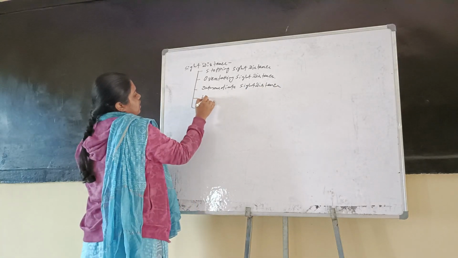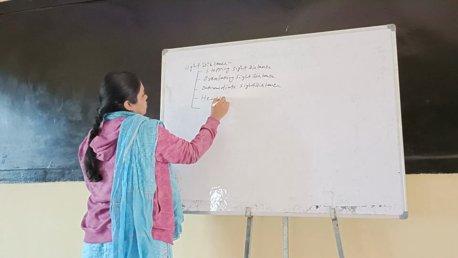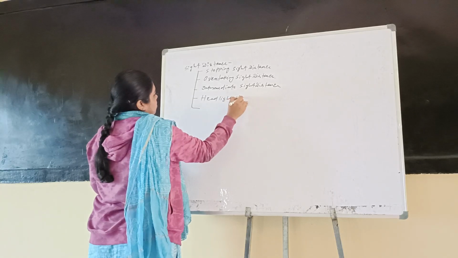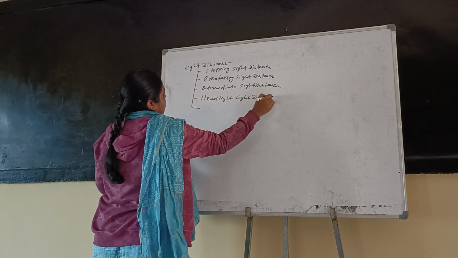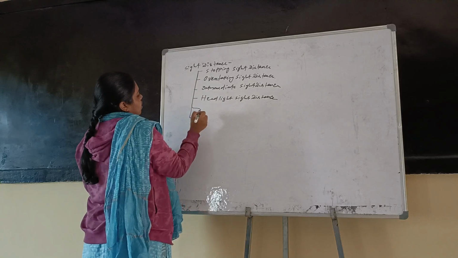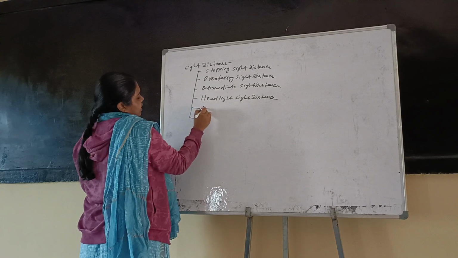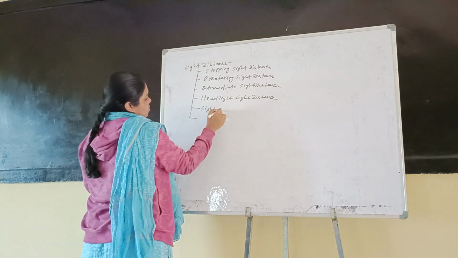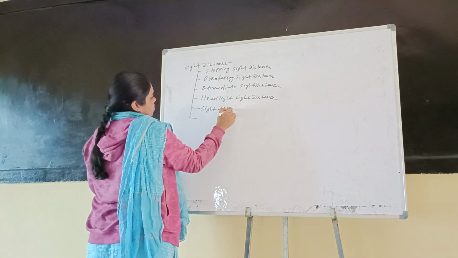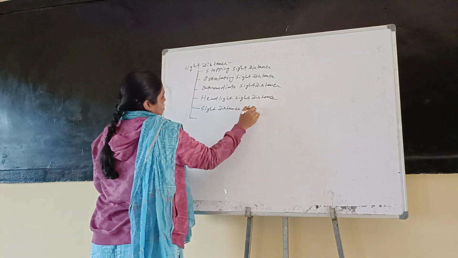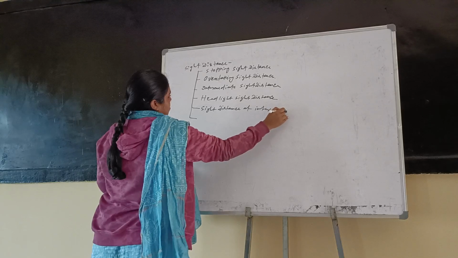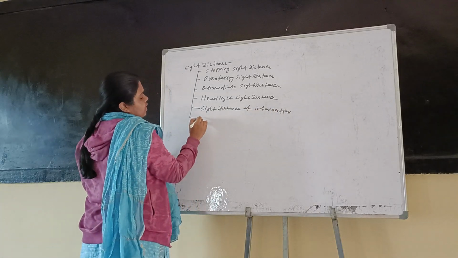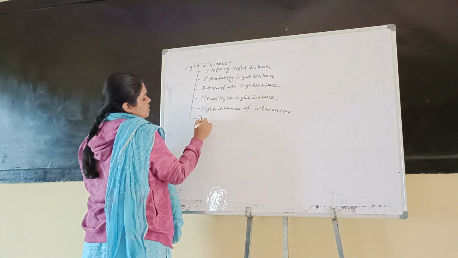Then the fourth one is headlight sight distance. The fifth one is sight distance at intersections. And the last one is decision sight distance.